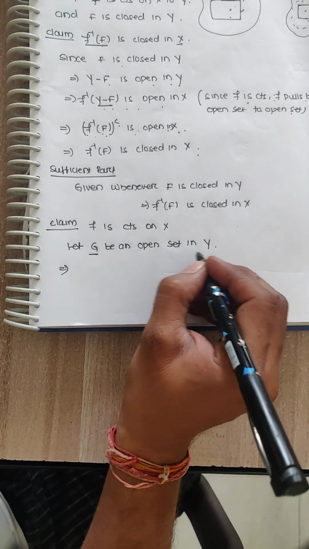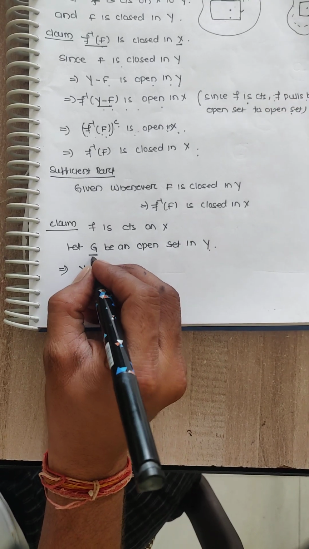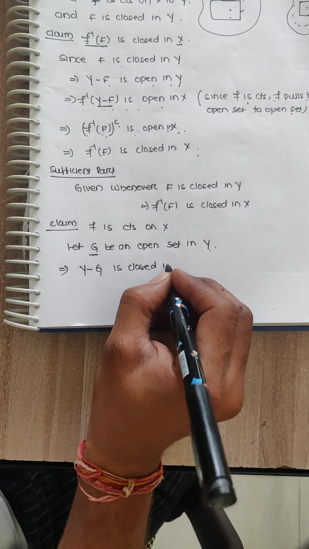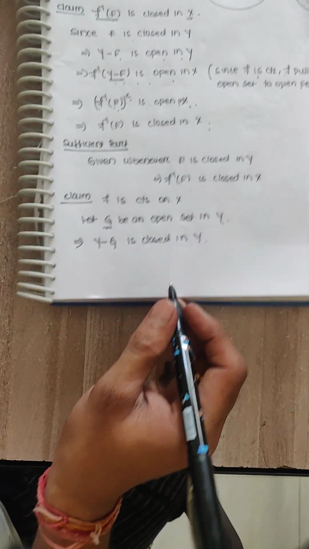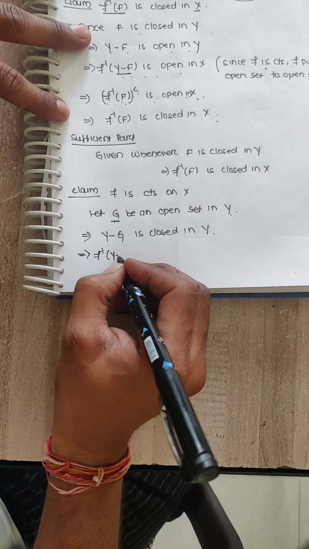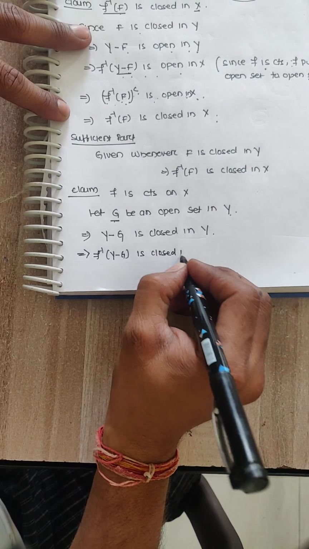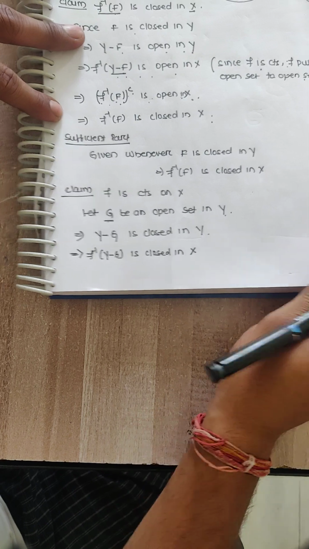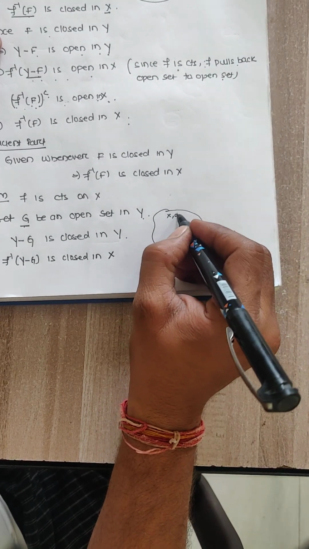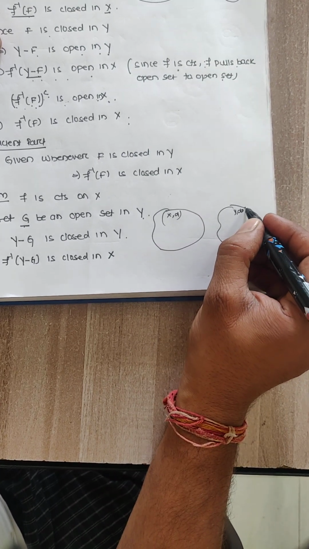Now G is open in Y, that means the complement of G in Y, Y minus G, is closed in Y. By the given condition, f inverse of Y minus G is closed in X. So I am showing by the diagram. Suppose we have this (X, d) and we have some (Y, d*).